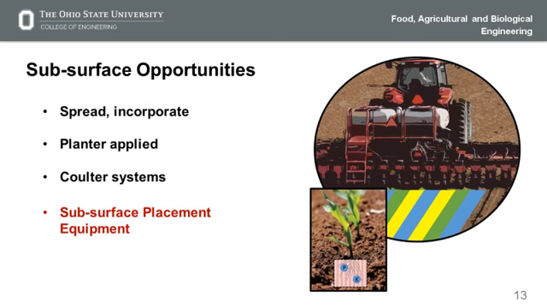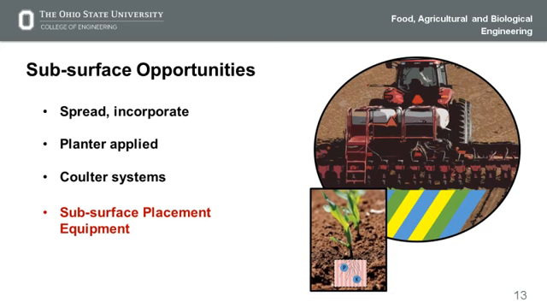So what we found was there's a lot of different options to place fertilizer below the surface, and there's tools dedicated specifically to that, but also we have opportunities for a spread and incorporation, which we know some people are doing, and then we also have opportunities to put that fertilizer on with the planter.